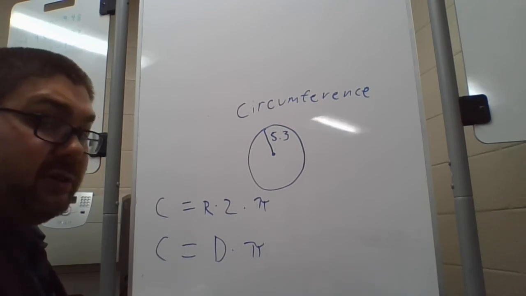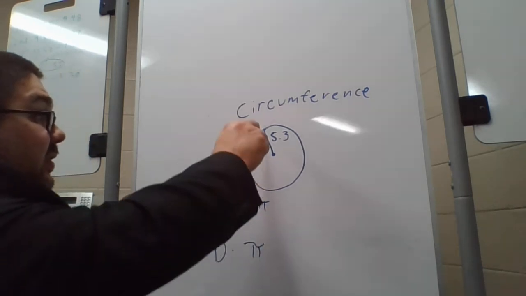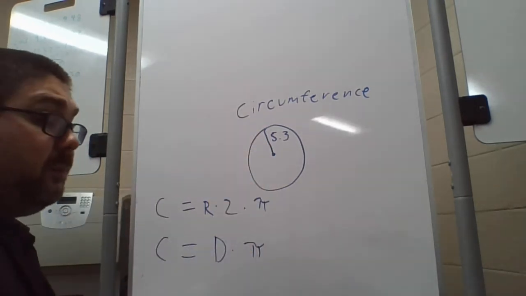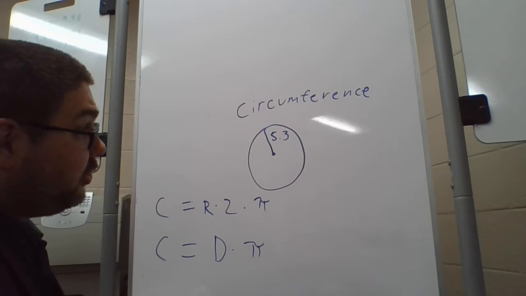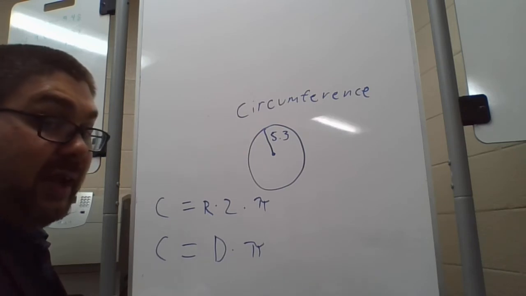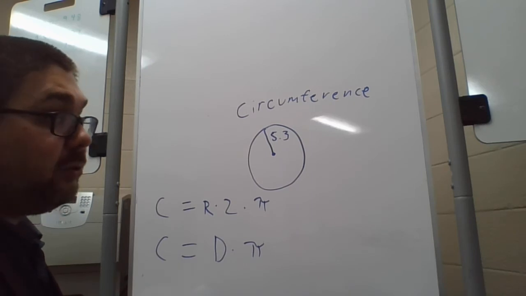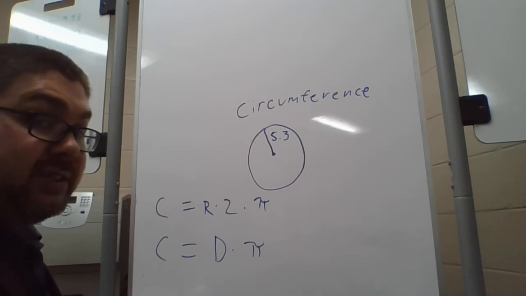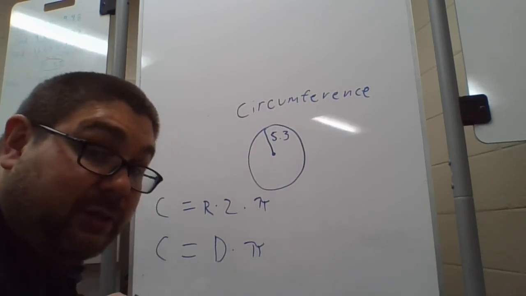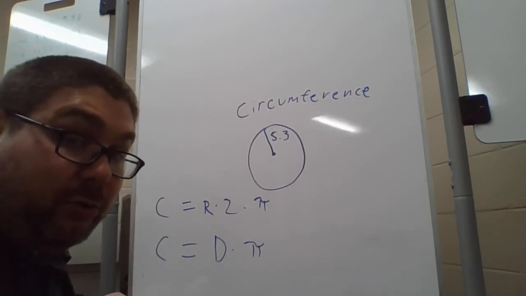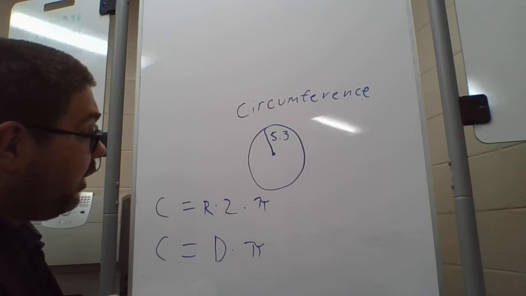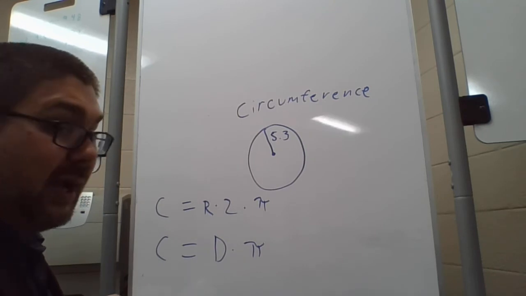The diameter times pi, that's the distance from one end to the other. That's good if we have the diameter. But here we don't have a diameter, we have a radius. This is a reason you need to know the difference between radius and diameter, because you need to know what formula to use. So radius times 2 times pi is what we need here.